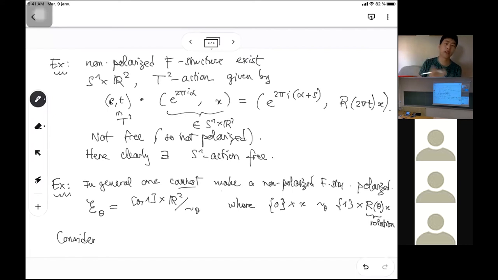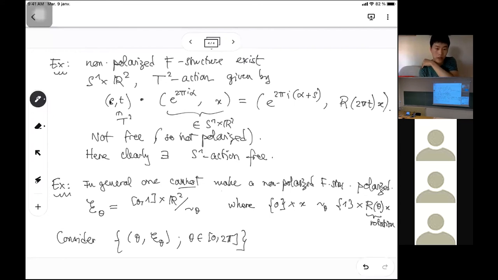Consider a continuous collection of such E theta when theta is varying between 0 and 2 pi. And what we want to do next is to glue the 2 boundaries. And now you have a 4-dimensional manifold with 2 connected components as the boundary. And you want to glue these 2 boundaries.